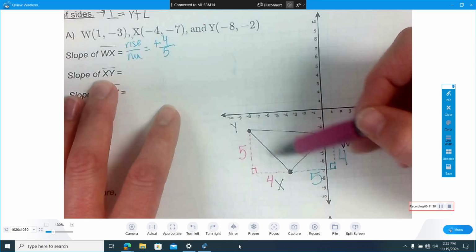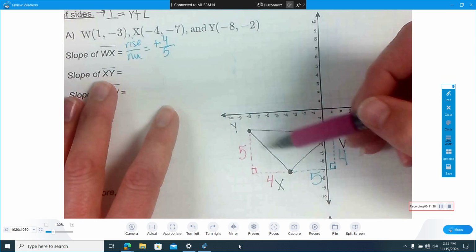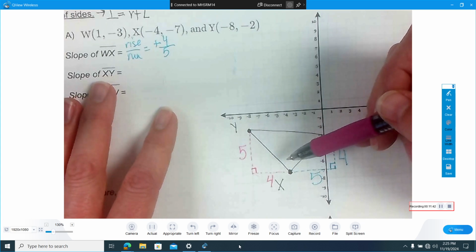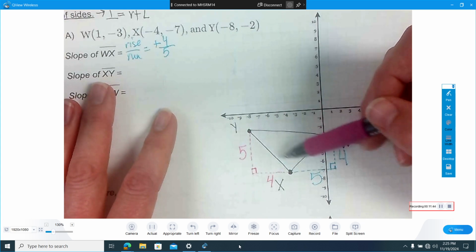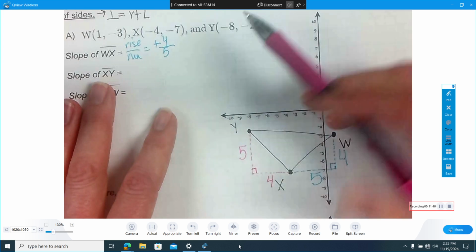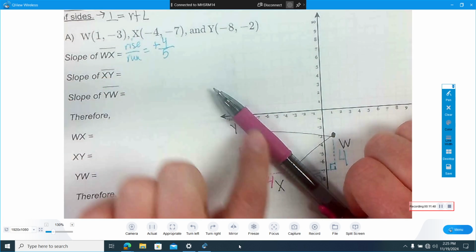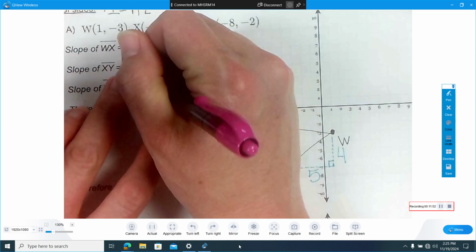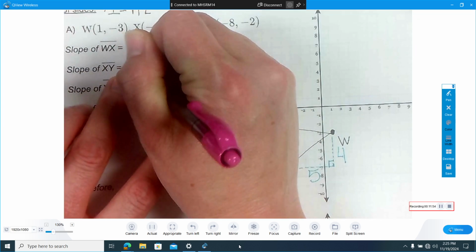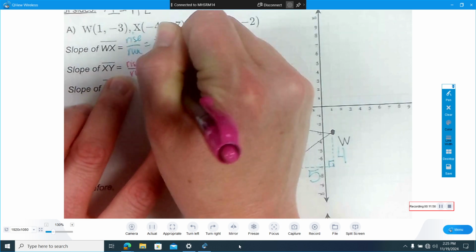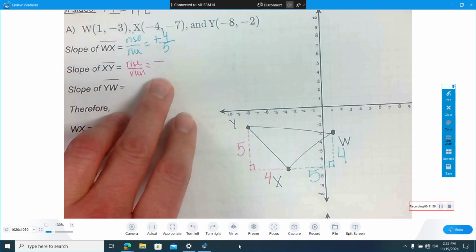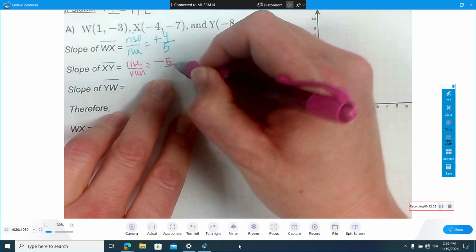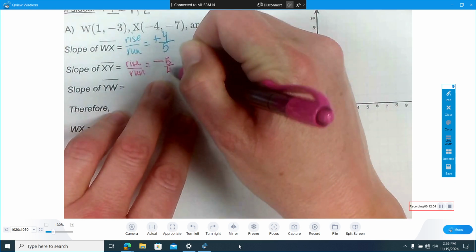Now, when I look at this line, XY, is that a positive slope line or a negative slope line? It's negative. It's going downhill from left to right. So it is going to get a negative. So I'm just going to put on the negative, and then I don't have to think about it. And the rise is 5, and the run is 4.